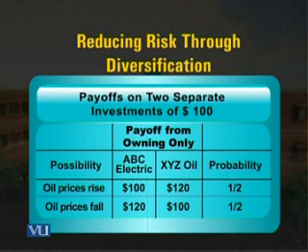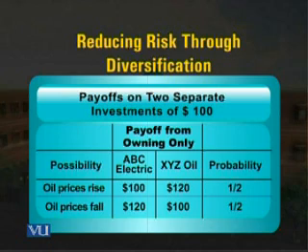When the oil prices rise, that is the first possibility, the share of ABC Electric is worth 100, but XYZ Oil's share is 120, and the probability of increase in the oil price is 1/2. The second possibility is a fall or a decline in the oil price.